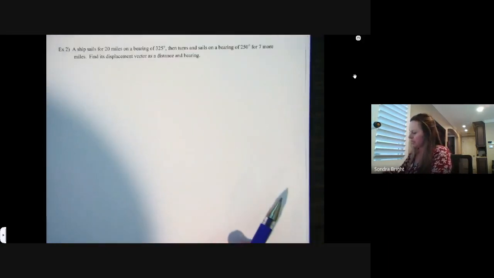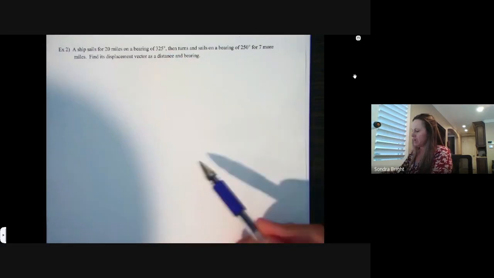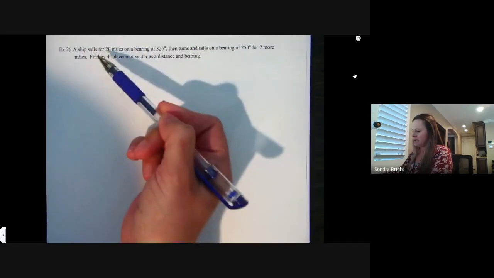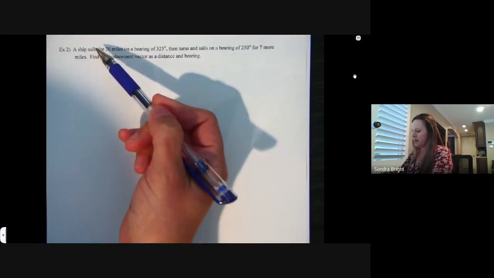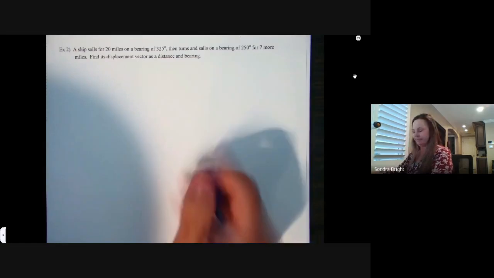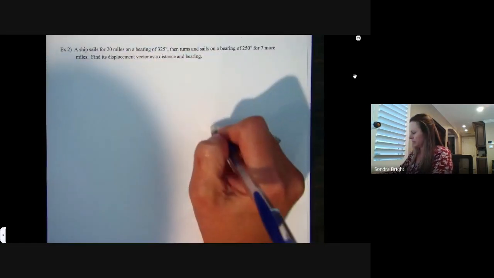All right, so I'm going to draw a north, south, east, west. You're going to go around 325, so you're going to be up here in quadrant 2, and from there I need more room up in this corner, so I'm going to draw my north, south, east, west kind of low down here.